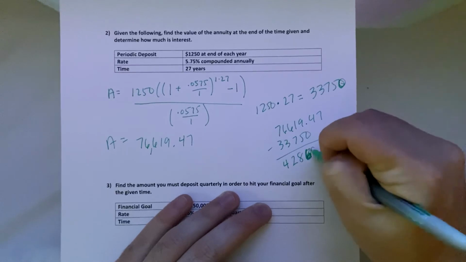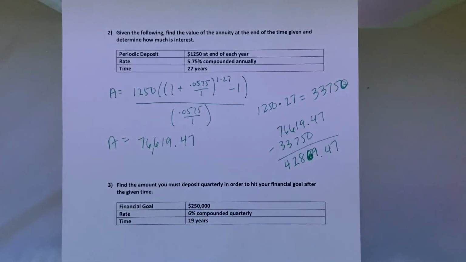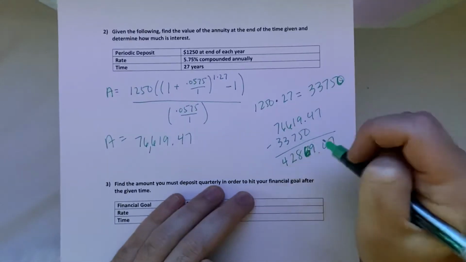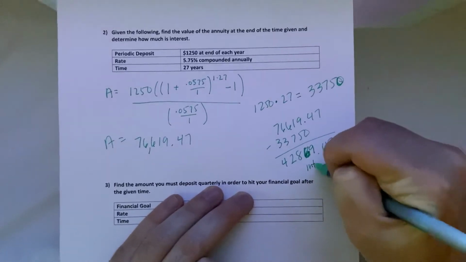That's how I mentally do it. $42,869.47 of interest.